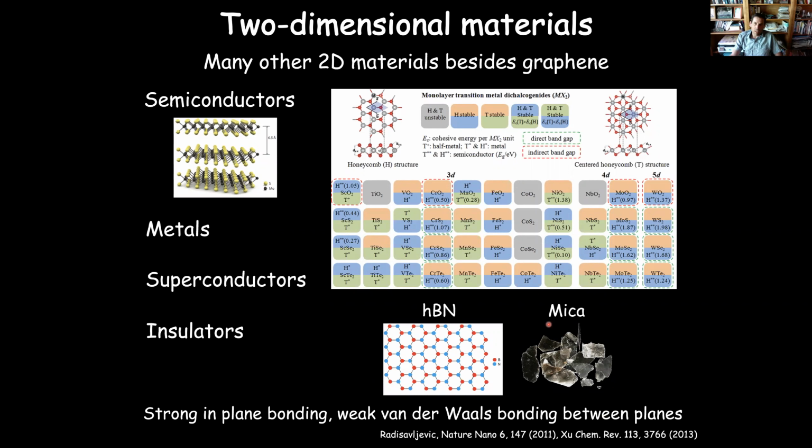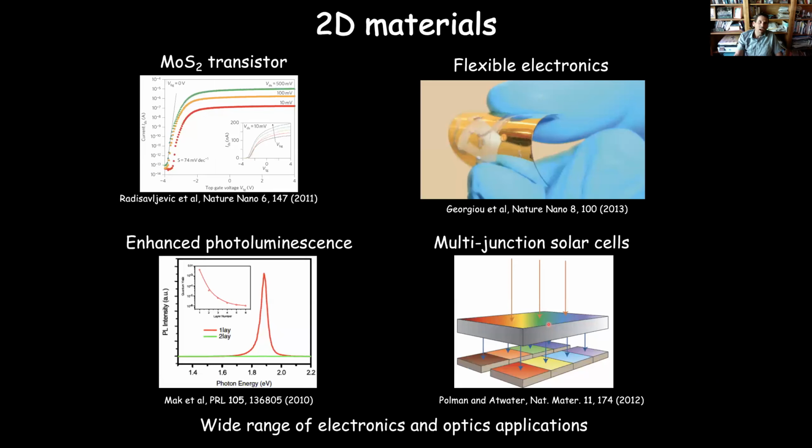And so what was discovered is that when you go to these other two-dimensional materials, you can enable a wide range of other electronic properties that you don't necessarily have in graphene by itself. Graphene, being a metal, makes it hard to build high quality transistors.